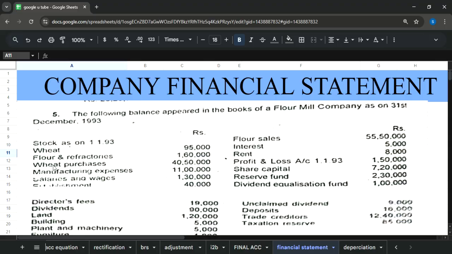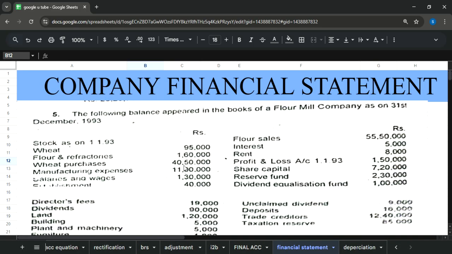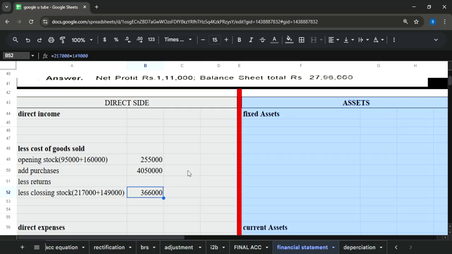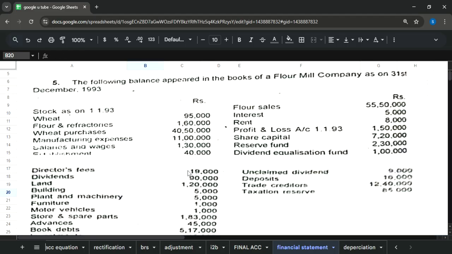Then we have wheat purchases 40-50,000, directly mentioned in cost of goods sold statement. After which we have manufacturing expenses 11 lakh. These are direct expenses, and here 11 lakh mentioned as manufacturing expense.